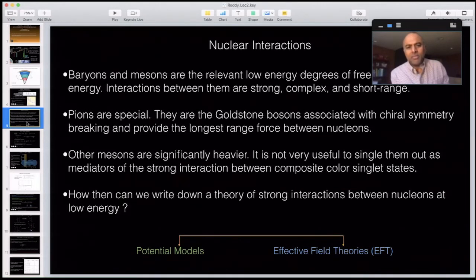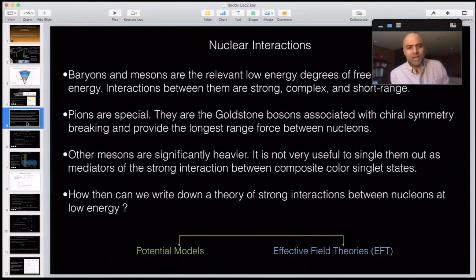In general, whenever you break a symmetry in the ground state, there are some very low energy modes called Goldstone bosons. I'm sure you've heard about this. These are the lightest particles in the low energy theory. So the lightest particles that can be exchanged between nucleons will give rise to the longest range force between nucleons.